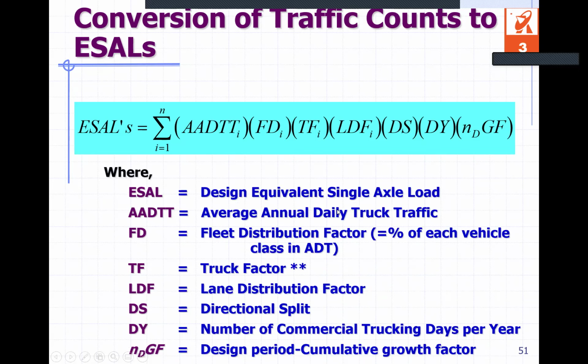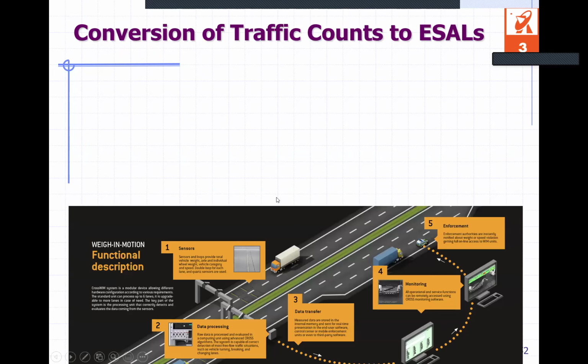There will be no differences really. So I'm just telling you in case you come across it in some book, this equation is equivalent to the one we use. If you notice, the only difference is that they are using the truck traffic already. Before, we used all vehicles and we multiplied by the truck factor.